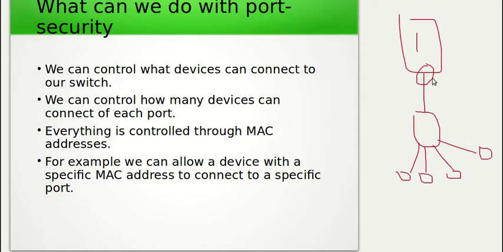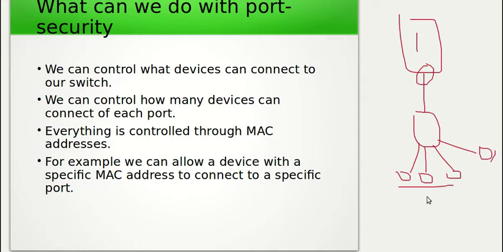So we're going to allow traffic sourced from 3 different trusted devices. Imagine these 3 devices are trusted devices, and this is an untrusted device. The way that we can define which devices are trusted is either statically, by configuring which MAC addresses are trusted, or by sticky learning, which is a feature which allows the switch to dynamically learn the MAC addresses.